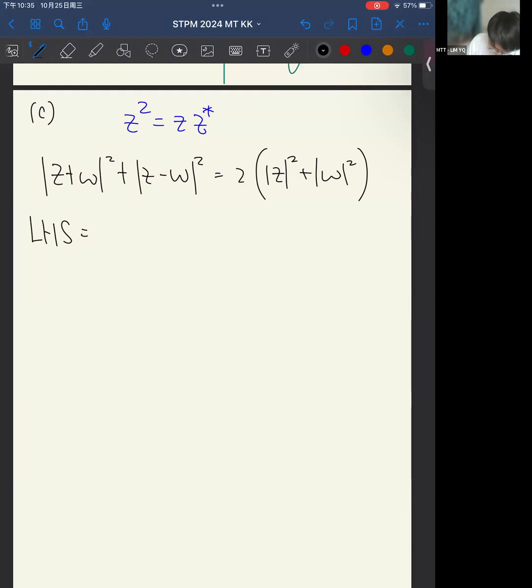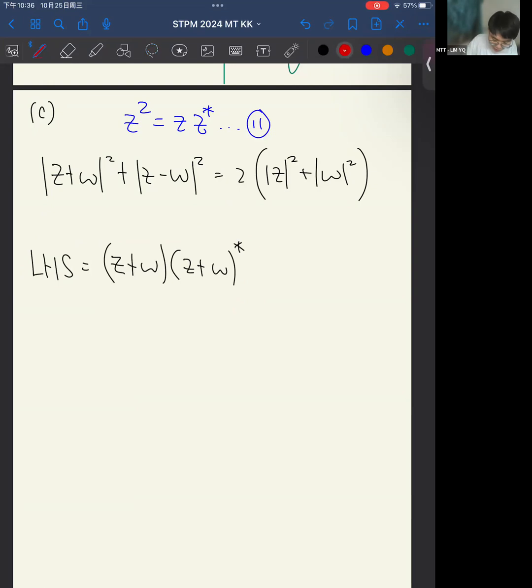Now first one, right hand side equal to Z plus W bracket Z plus W star, meaning the conjugate of Z plus W. Why? This is still a complex number, meaning that we substitute it into equation 11.